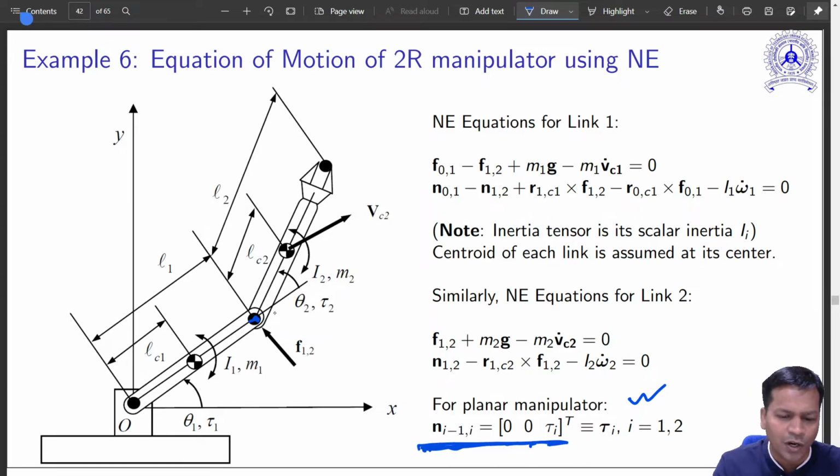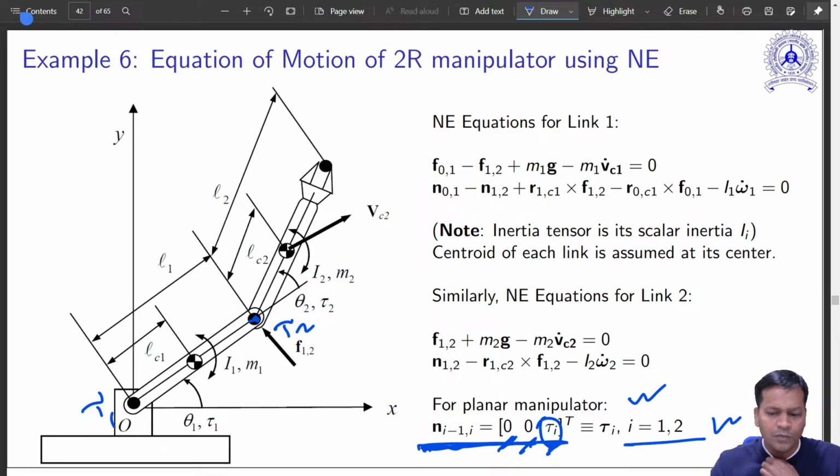Tau 1, torque is equal to moment, expressed as 0 moment along x, 0 moment along y. There is just one moment, perpendicular to this plane, that is the torque acting over here, tau 1, and this is tau 2. That is what it is for links 1 and 2. For a planar system it is quite trivial, for others it may not be this simple.